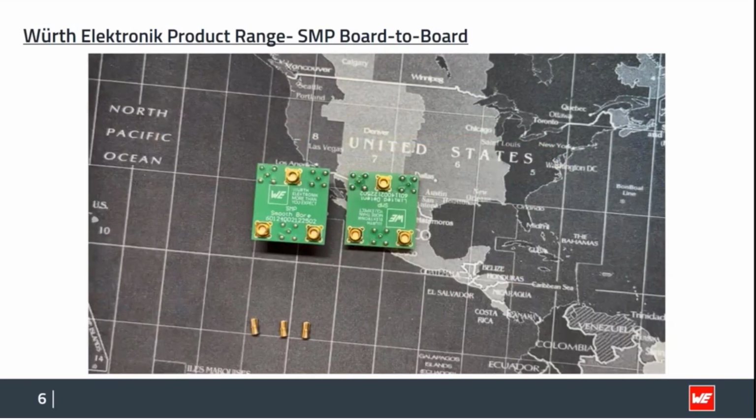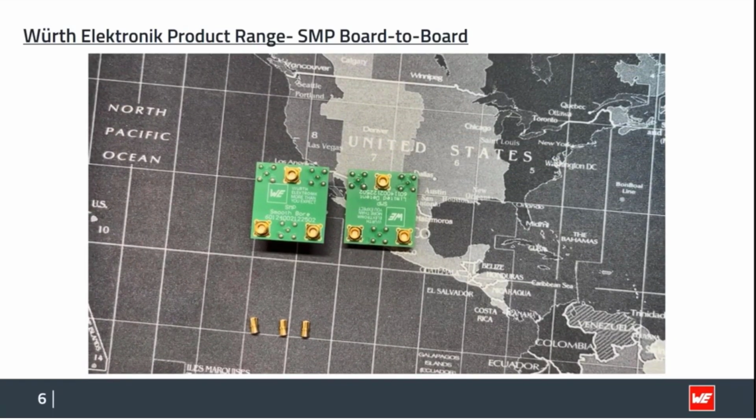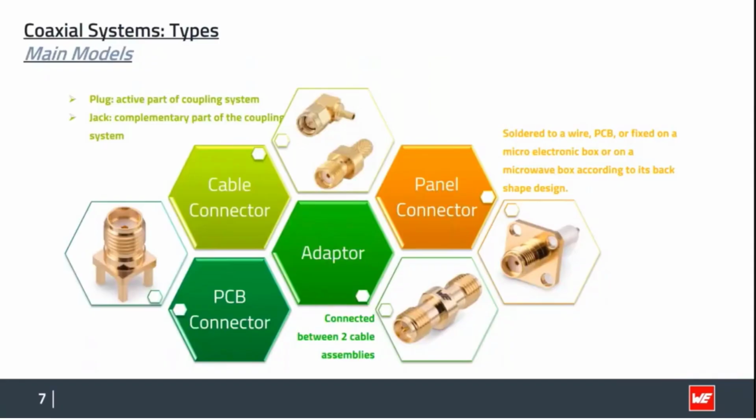Enough for the products. Let's go for coaxial system types and what is inside. So we have here typically, of course, plug and jack as complementary parts of the coupling system. We have PCB connectors in different soldering styles, from THT to SMT to THR.